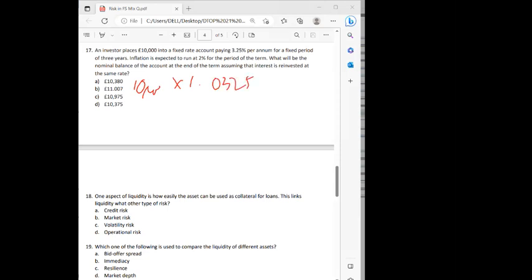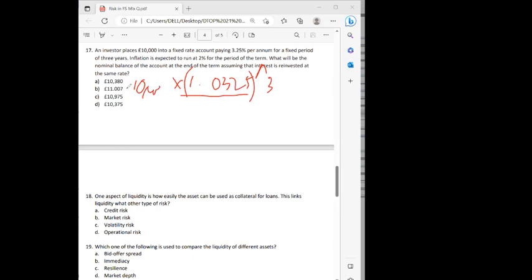1.0325. That means 1 plus 3.25%. That's how we get it, right? That figure to the power 3 times. You have to first calculate this. That means 1.0325 into 1.0325 into 1.0325, 3 times. That's the answer multiplied by 10,000.